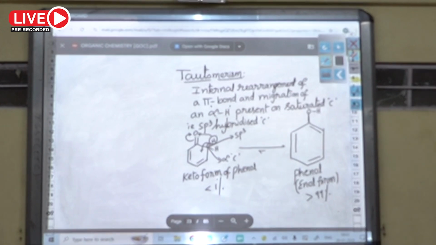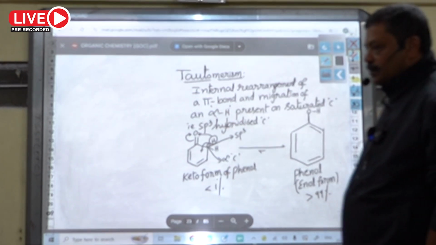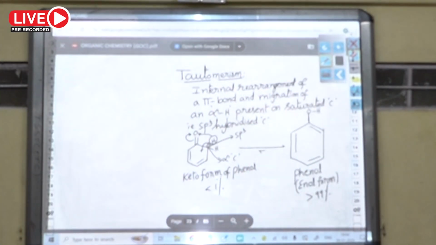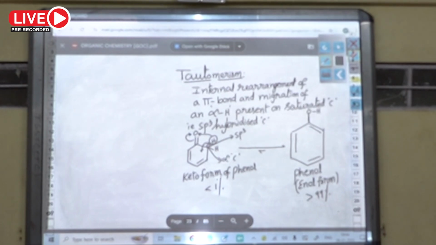Assertion A: Usually keto form is more stable than enol form, but in phenol the enol form is greater than 99%, and its keto form is less than 1%. That is, the assertion is over.